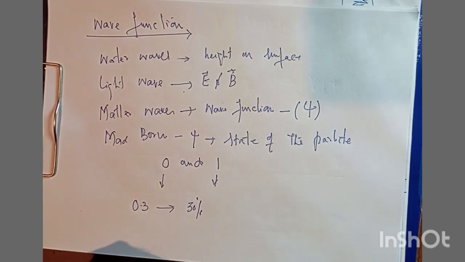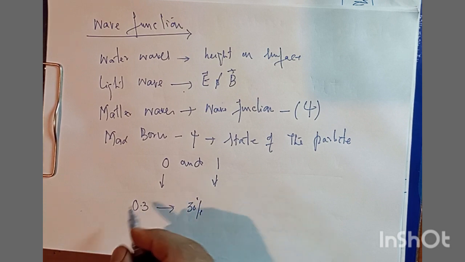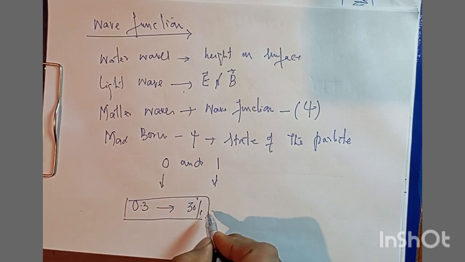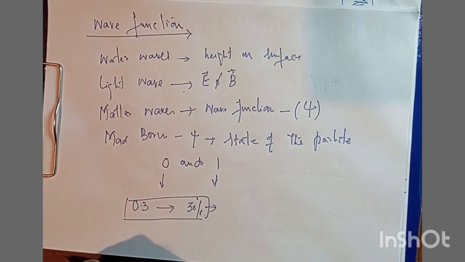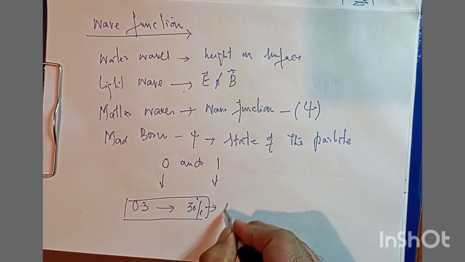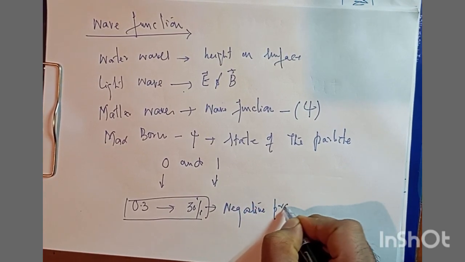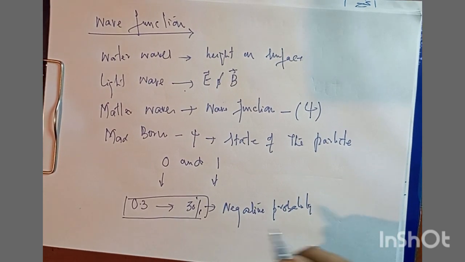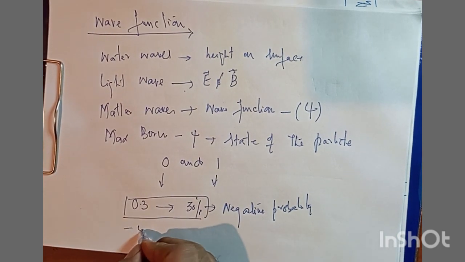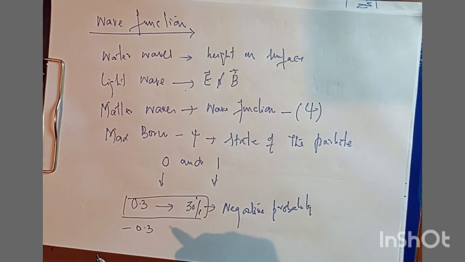However, the amplitude of the wave can be negative as well in this kind of situation where we are directly making measurements on psi, and if on making a measurement the amplitude comes out to be negative, then we will certainly have a negative probability, that means minus 0.3, and it is meaningless.